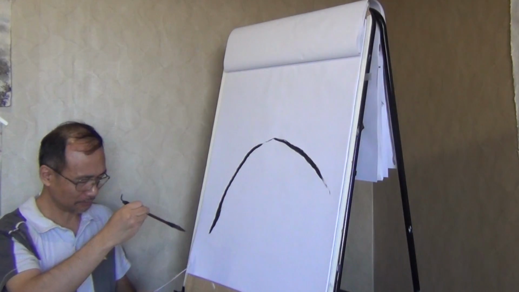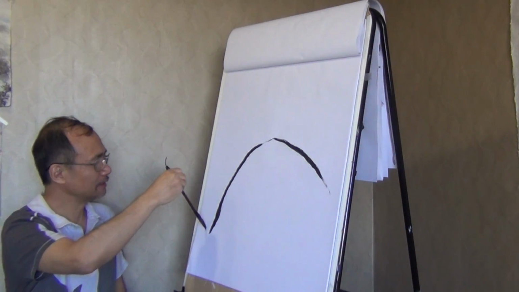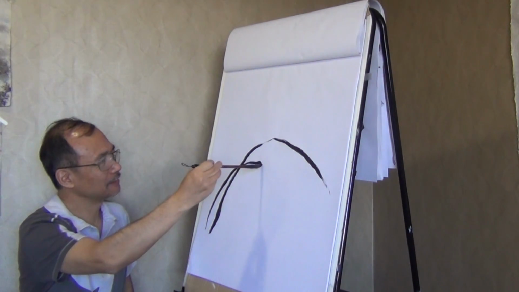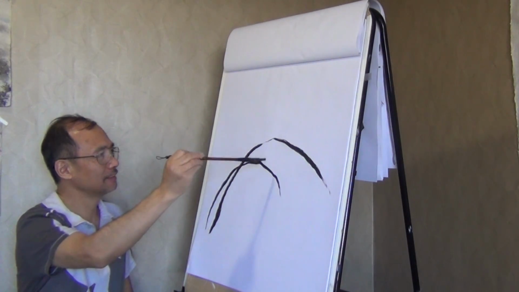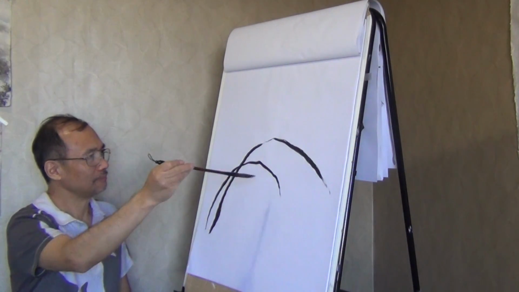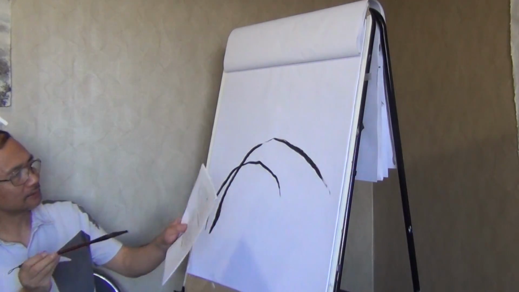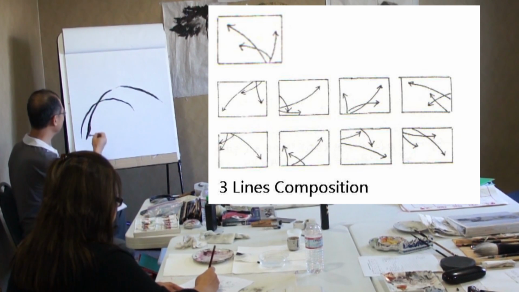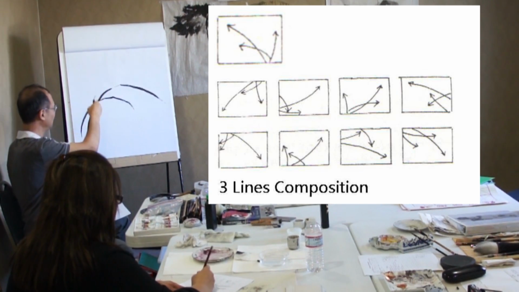The second one should be supporting. So classically we do a smaller, shorter, weaker, whatever you call it, but more or less following the first one. You can do the opposite, like from right to left, the same, or from the bottom up.